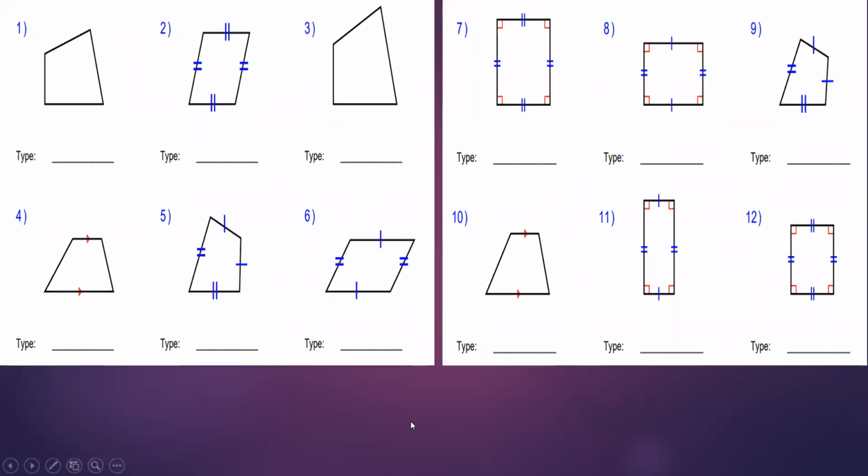Who's next? Alasia, what number are you on? Finishing up number 11 and 12. Okay. Anastasia, what number are you on? I'm on number 11. Damarion, what number are you on?